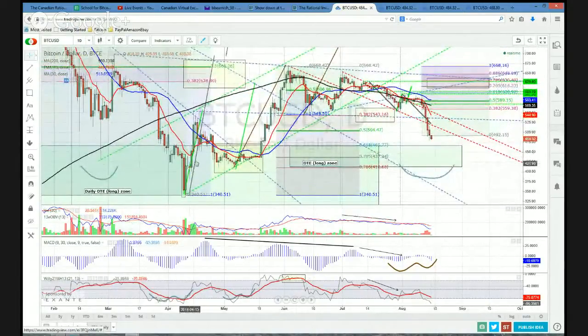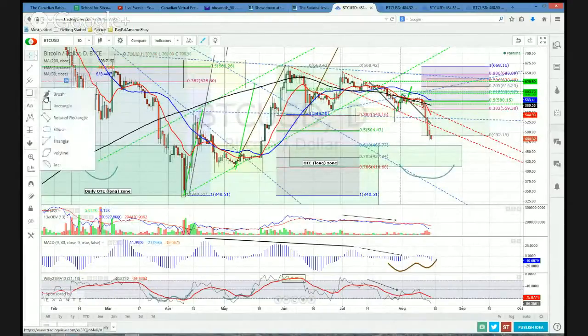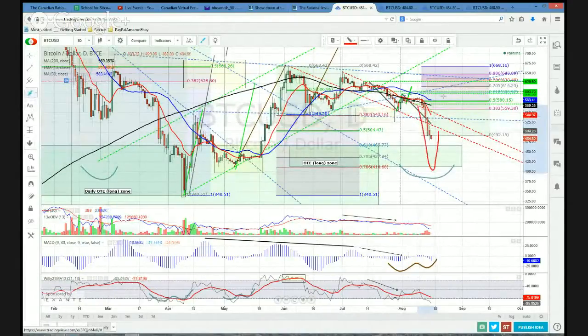Long and short of it, this is the inverted head and shoulders go-around. Here's the OTE zone, the Silk Road event. It was just bam, bam, right? The irony is that now it's a more orderly sell-off, not an end of the world sell-off. It's just every day making lower lows and lower highs, and driving you crazy.